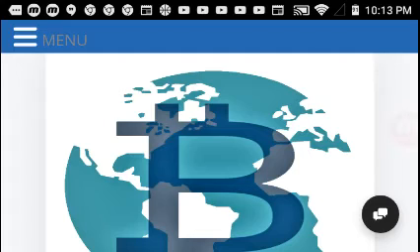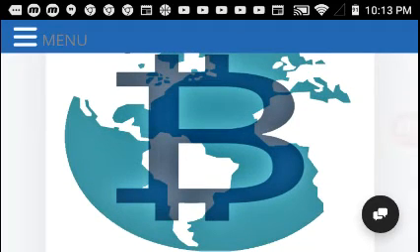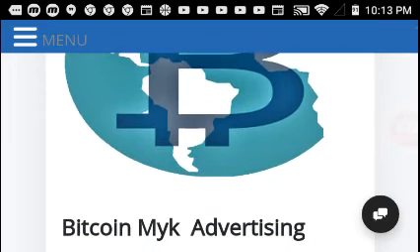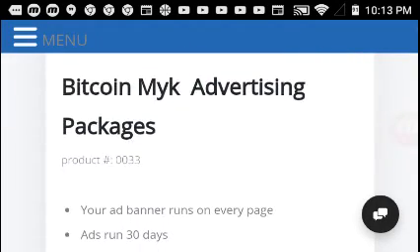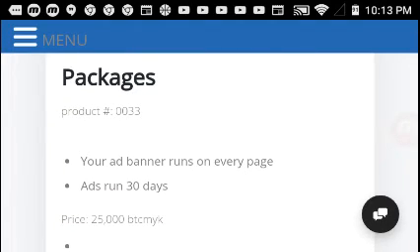Now, here's where this is kind of a different take on many of the ad package programs we've seen so far, and why some people may find this very interesting. How it works is a banner ad will run on every page on the site. It will run for 30 days, and it will run for only about 25,000 Bitcoin MYK tokens.